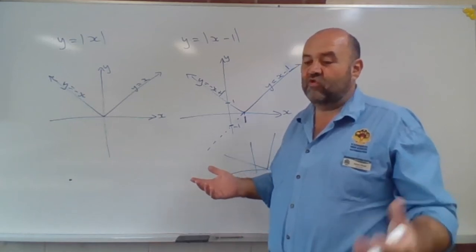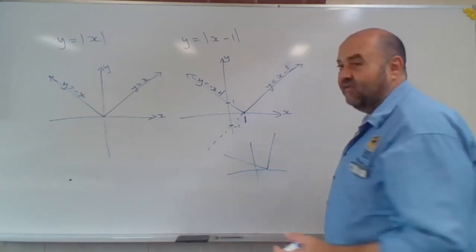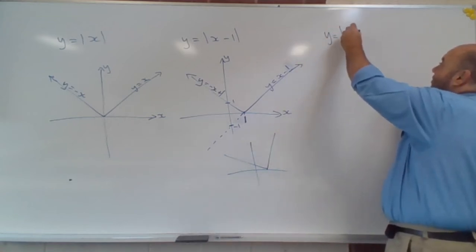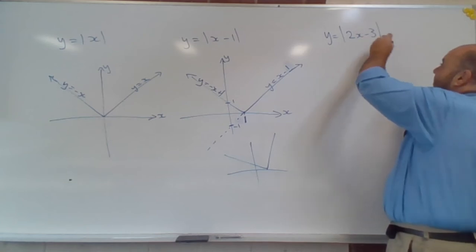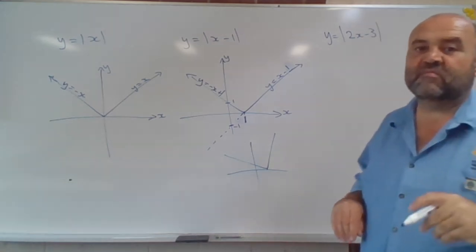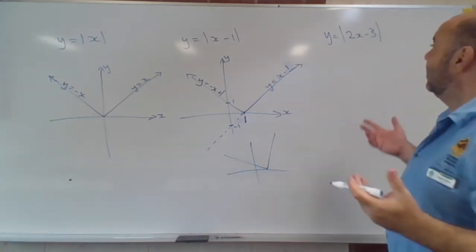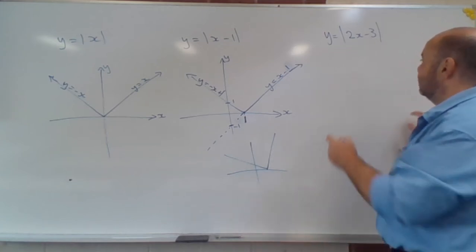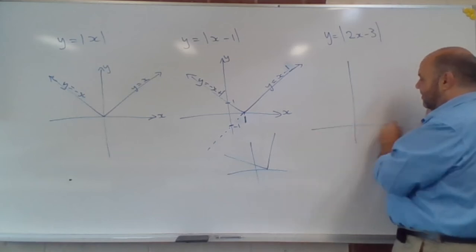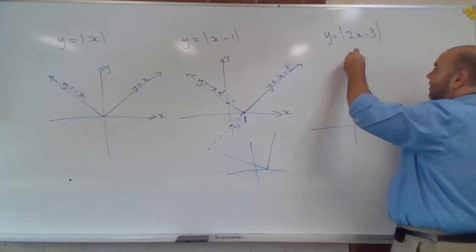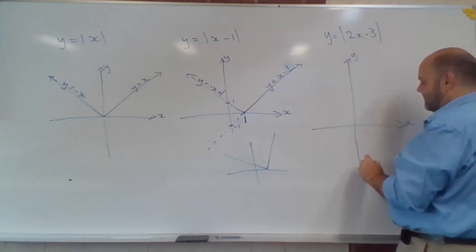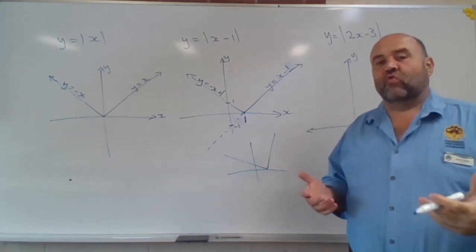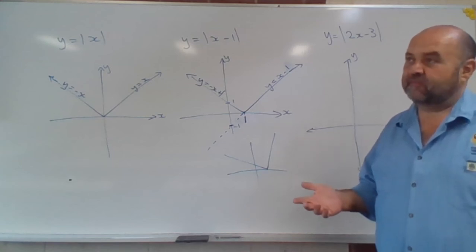We don't need to extend too much further to see what we'd have if we looked at, say, y equals the absolute value of 2x minus 3. What I recommend, a really easy way to draw these, is to think about what it would take to draw y equals 2x minus 3.